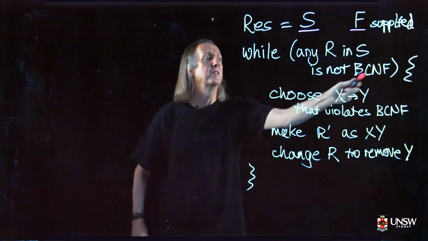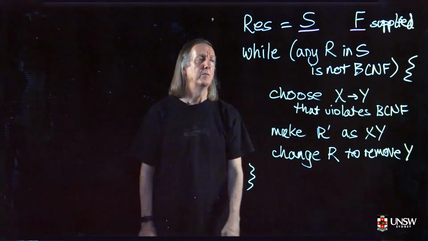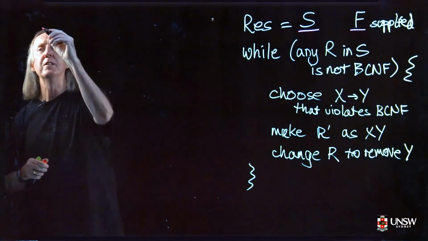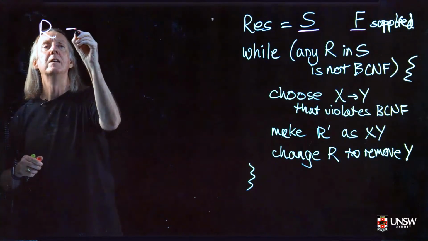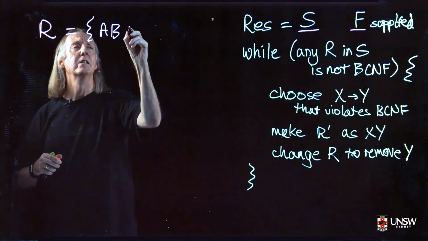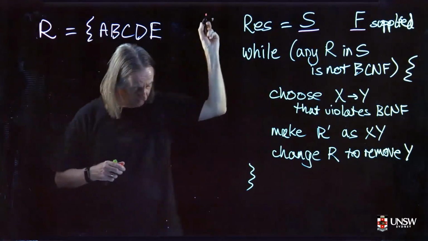So that's the property that we're using to determine whether R is not in BCNF. So let's start with a schema that initially has a single table in it.